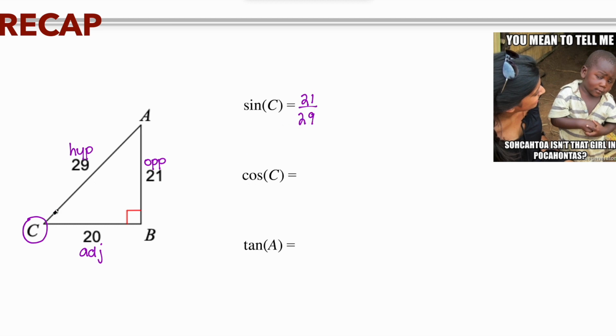Cosine of this angle is my adjacent over my hypotenuse. Now in this case, because we're looking for a tangent of A, we have to rewrite part of these sides, because according to this angle, this now becomes my opposite and this becomes my adjacent. So for angle A, my opposite is now 20 and my adjacent is 21.